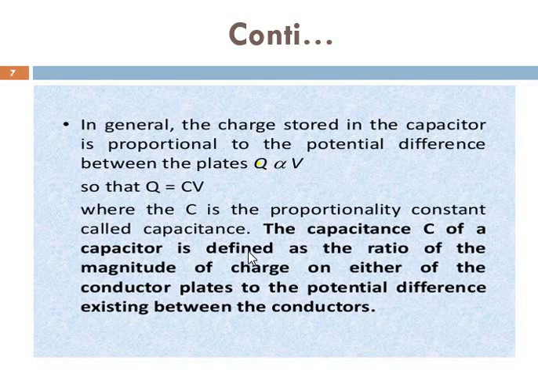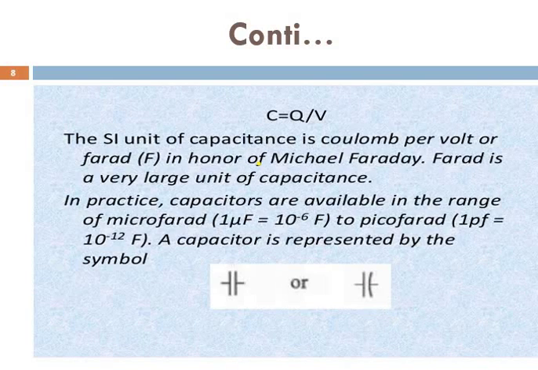The capacitance of a capacitor is defined as the ratio of the magnitude of charge on either of the conductor plates to the potential difference existing between the conductors. Symbolically, we represent the capacitor by these two symbols. This symbol also represents the capacitor, and this symbol also represents a parallel plate capacitor.